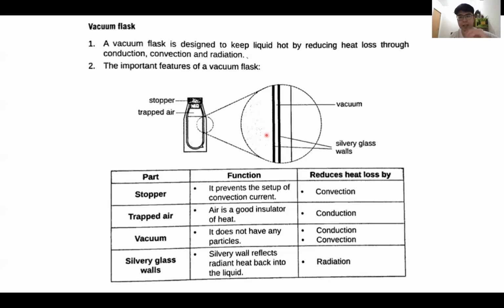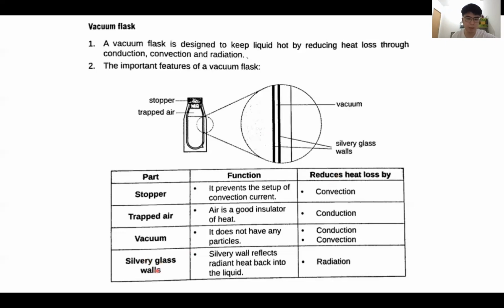Convection and conduction need particles. So it reduces heat loss by conduction and convection. But can it reduce radiation? It cannot reduce radiation. Radiation can still go through. But that is why the wall is painted, coated with a silvery glass.